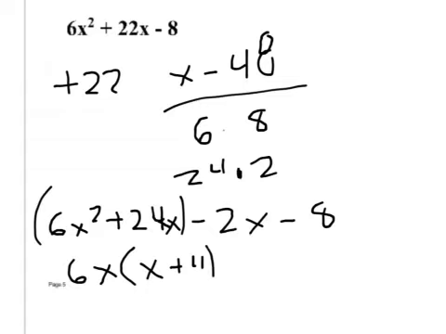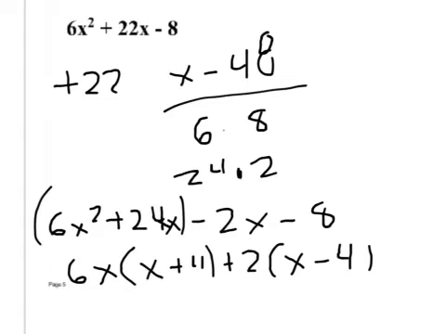So I need to get the other side to have x plus 4 as well, right? What can I take out of negative 2x and negative 8? Let's just take out 2. What's left? X minus 4. Is that the same thing as x plus 4 over here? No. So can I do that?